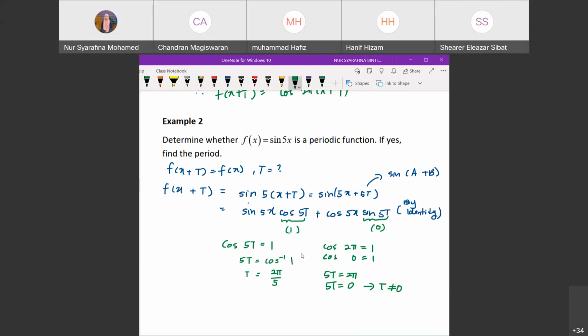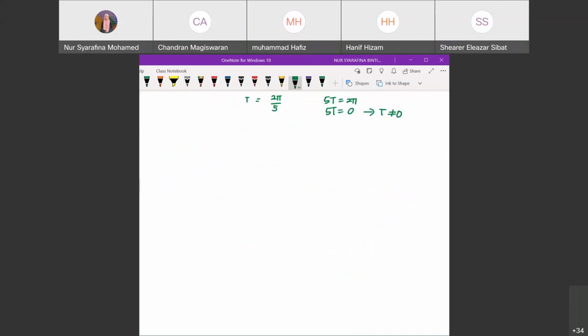Okay, clear, everyone? So what can we conclude? f(x) equals sine 5x is a periodic function, where f(x+T) equals sine(5x+5T) and T equals 2 pi over 5.